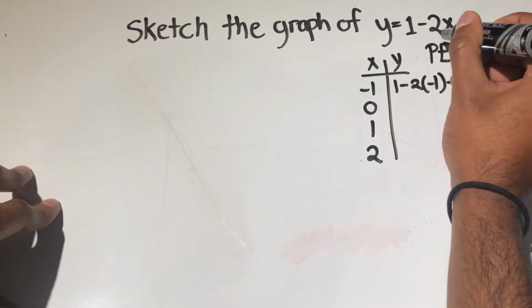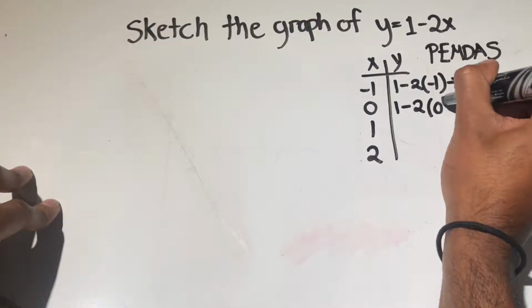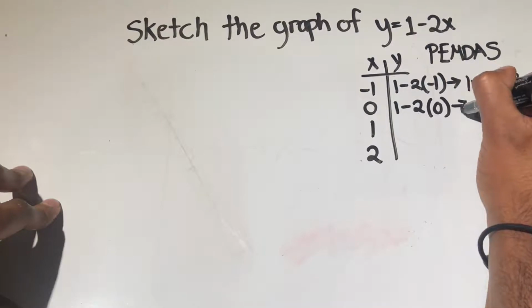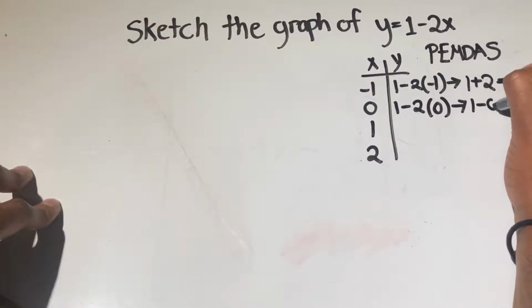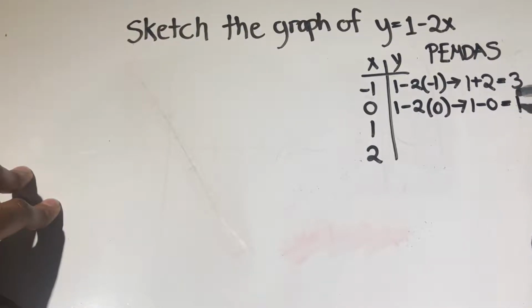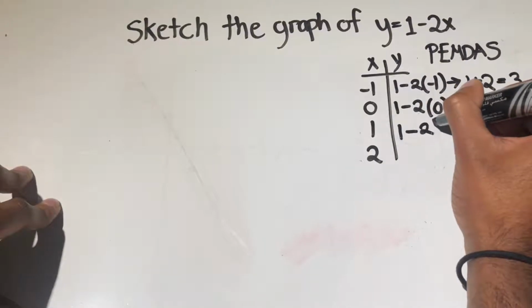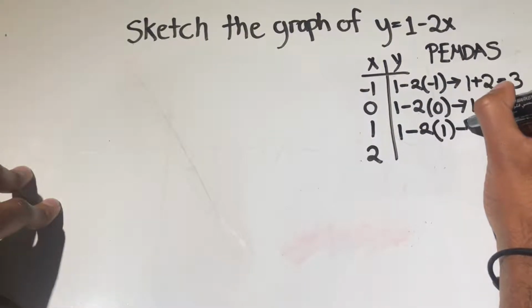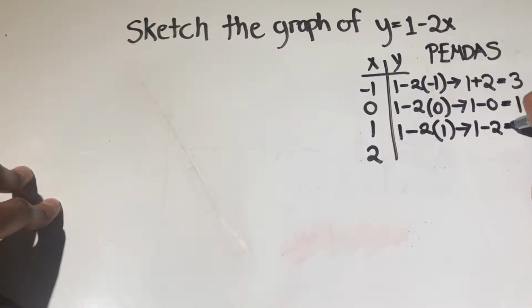Now taking 0 for x, we get 1 minus 2 times 0, and that'll give us 1 minus 0, which is just 1. Now taking 1, we get 1 minus 2 times 1, which is just 1 minus 2, and that's just -1.